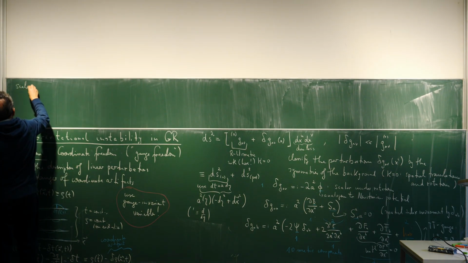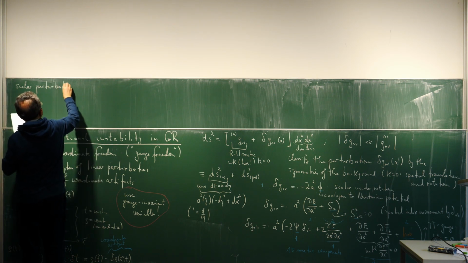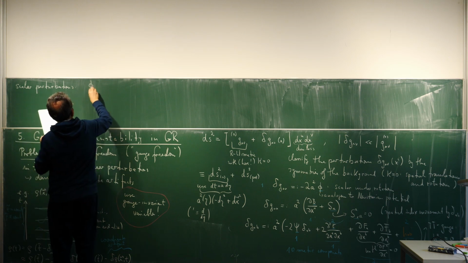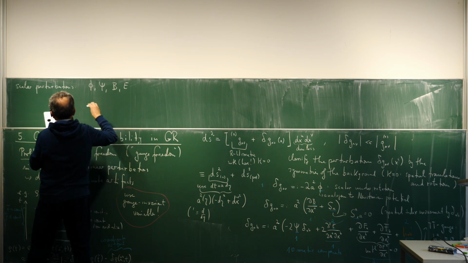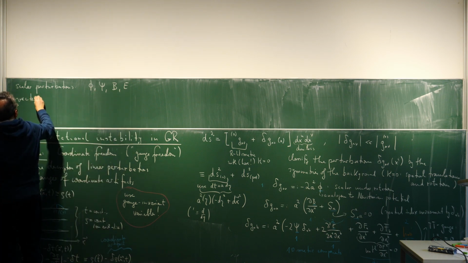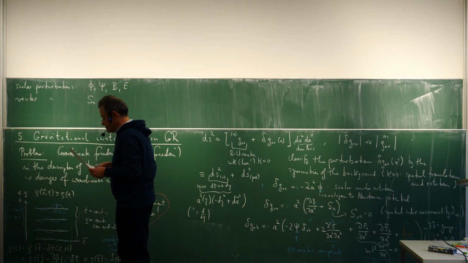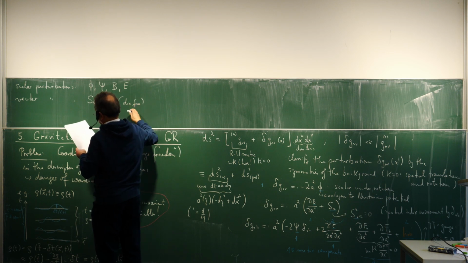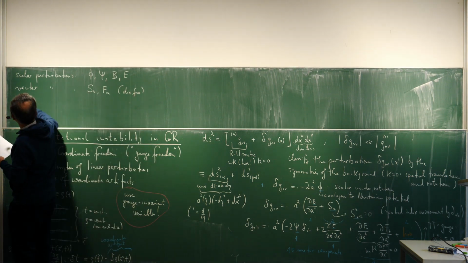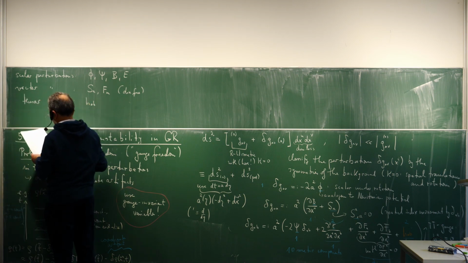The scalar perturbations are the functions phi, psi, B, and E. Then we have the vector perturbations. These are the S_a and F_a, or they are vector instead of covector components, so they are divergence free. And then we have the tensor perturbations, which are the transverse traceless h_ab.